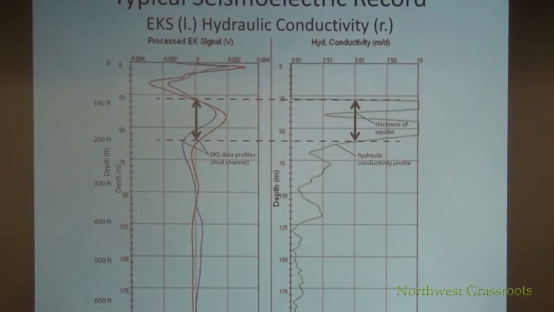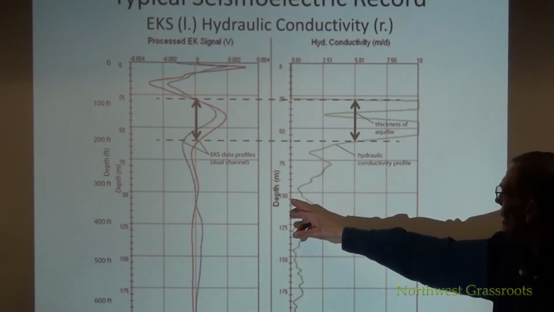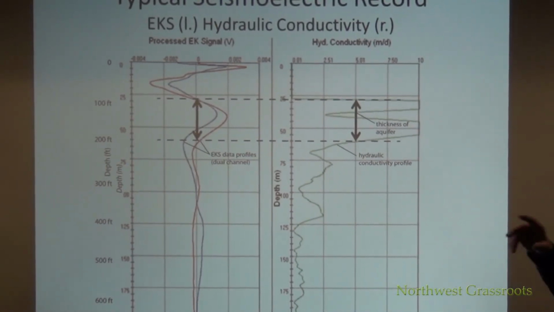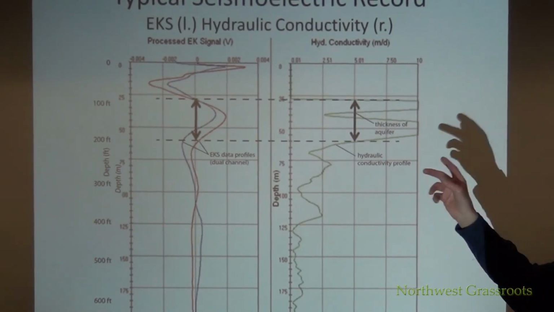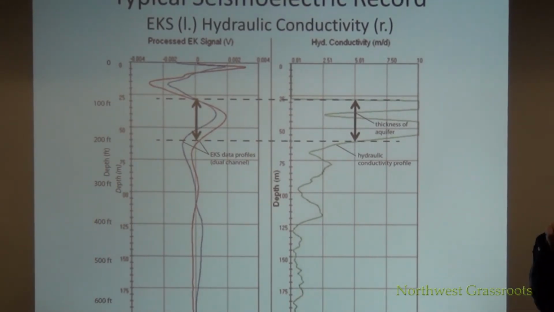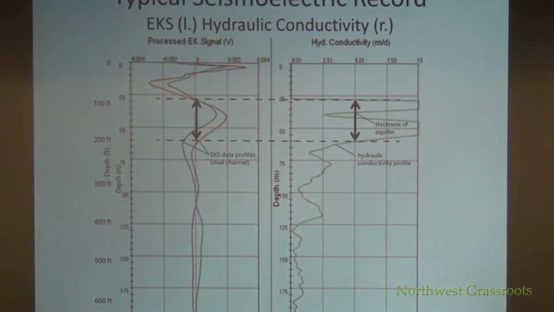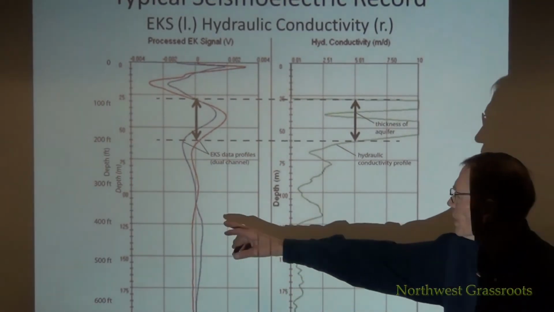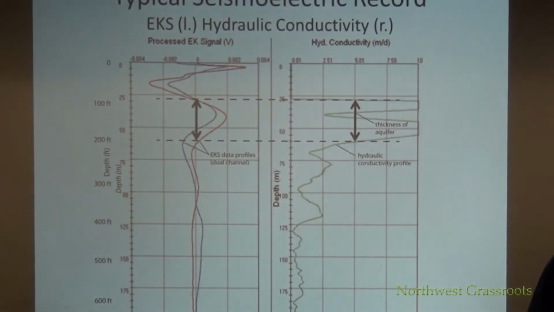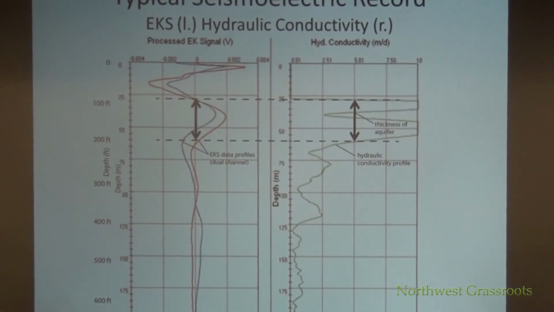Okay, so here's a typical record. So we get data, we get a hydraulic conductivity chart. Hydraulic conductivity is the velocity that the water's moving. And then we get a voltage chart. So we got two channels, so we have two chances to get it right or get it wrong.